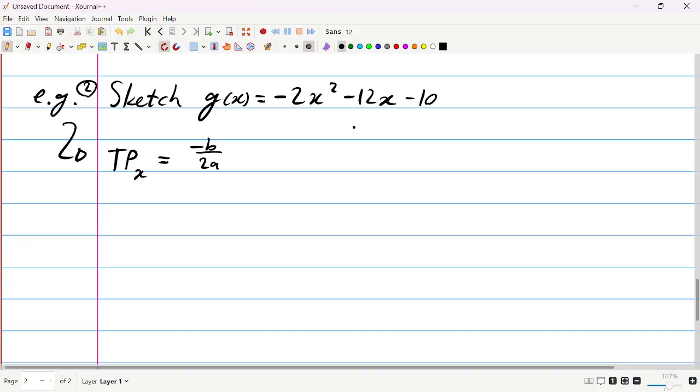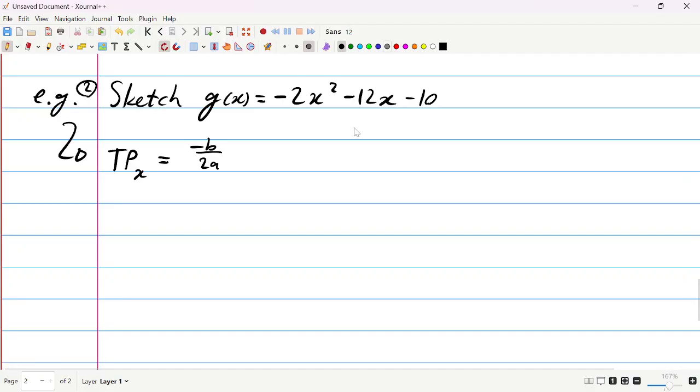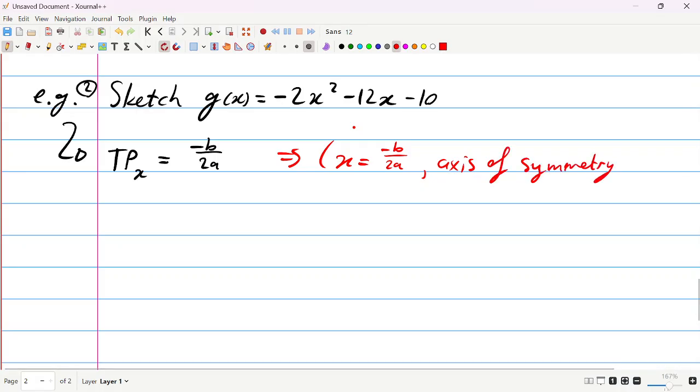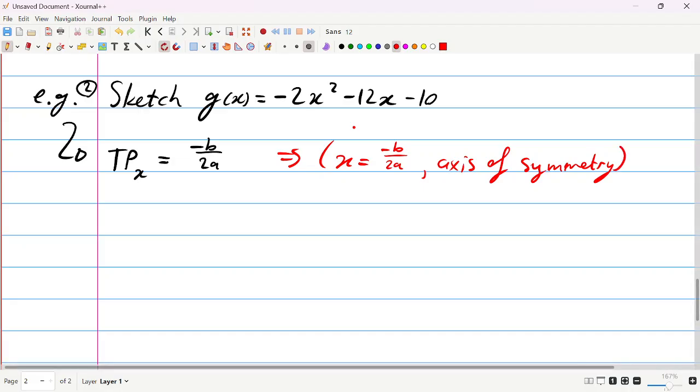So it's in the form of x equals this, and this comes from x equals negative b over 2a, which we call the axis of symmetry. Okay, and the parabola only has one axis of symmetry, and there's no asymptotes that are involved in this case.